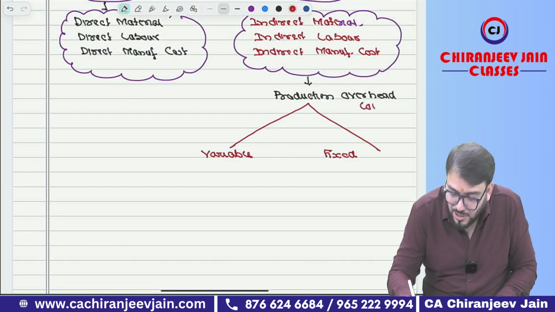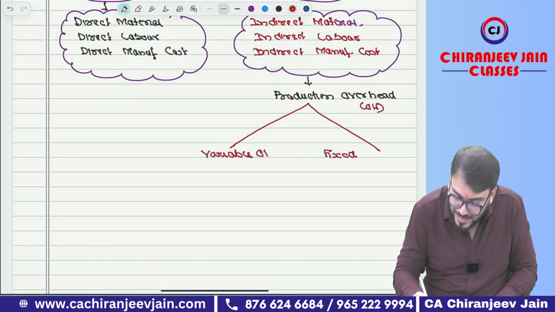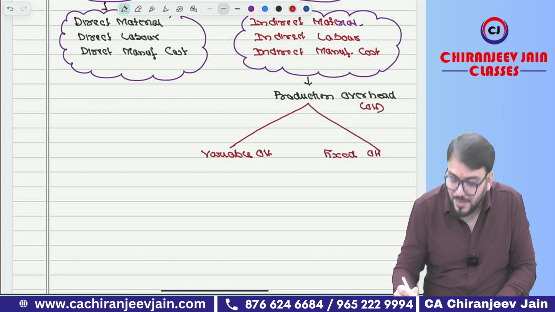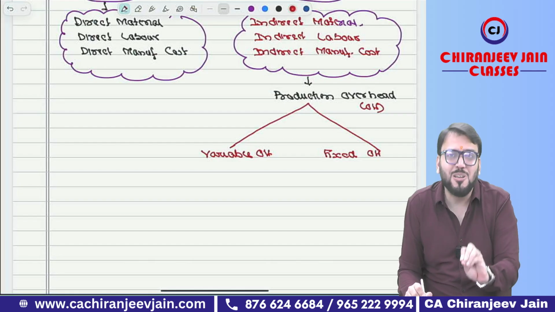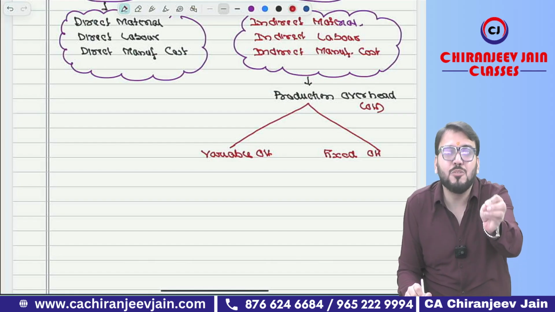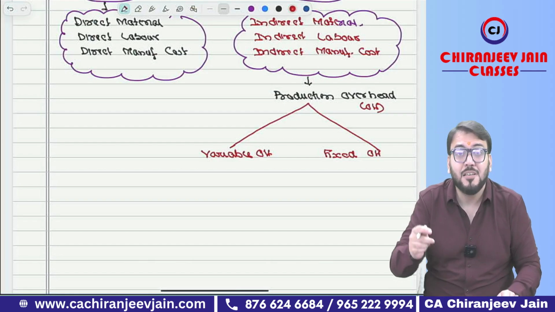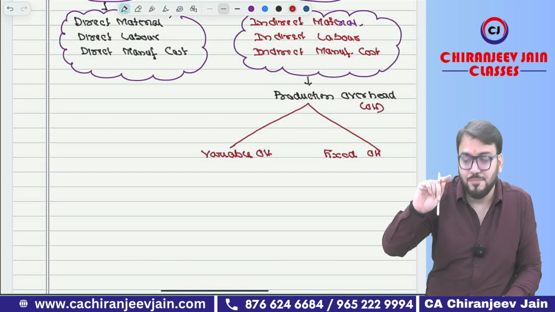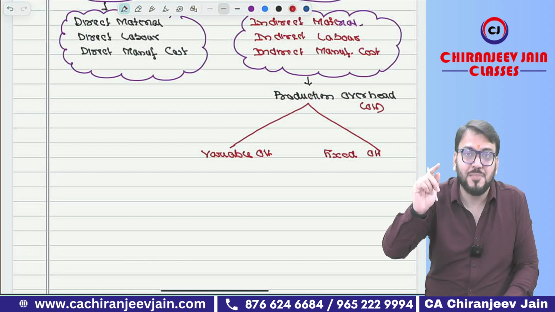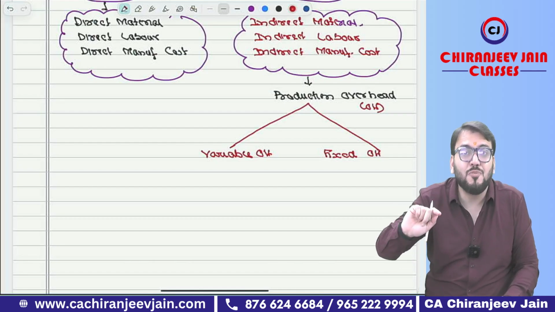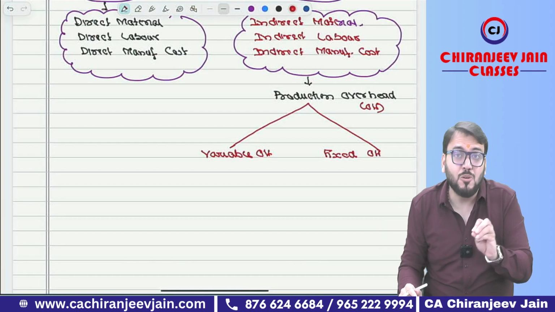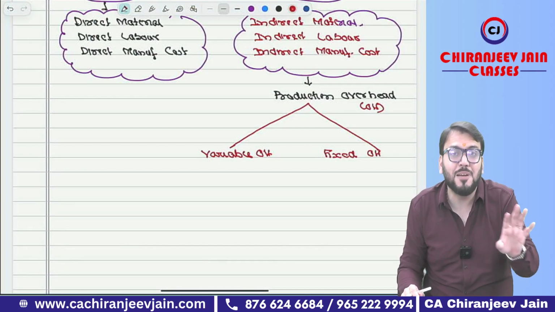Overhead we'll call it OH. Variable overhead and fixed overhead. Correct? The variable overhead varies according to the production. It is as simple as, if you increase the production, variable overhead will increase. If you decrease the production, variable overhead will decrease, but fixed overhead will remain constant irrespective of production.